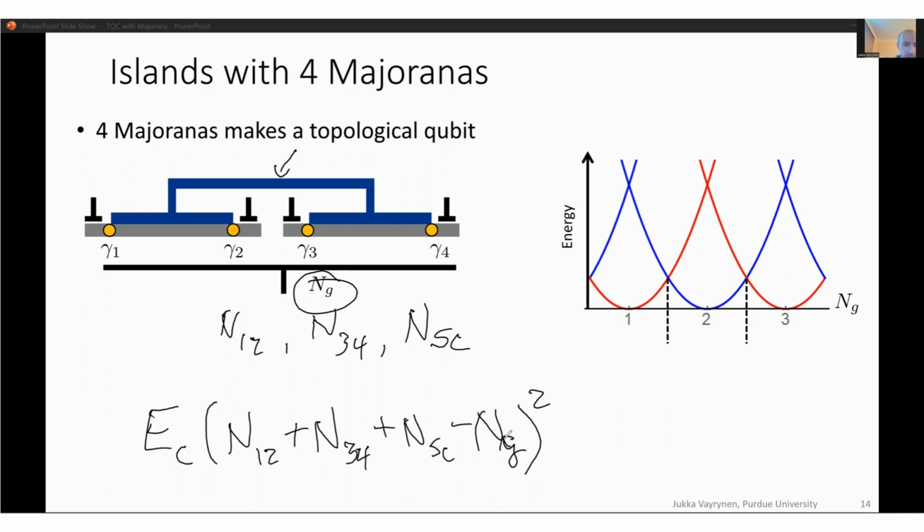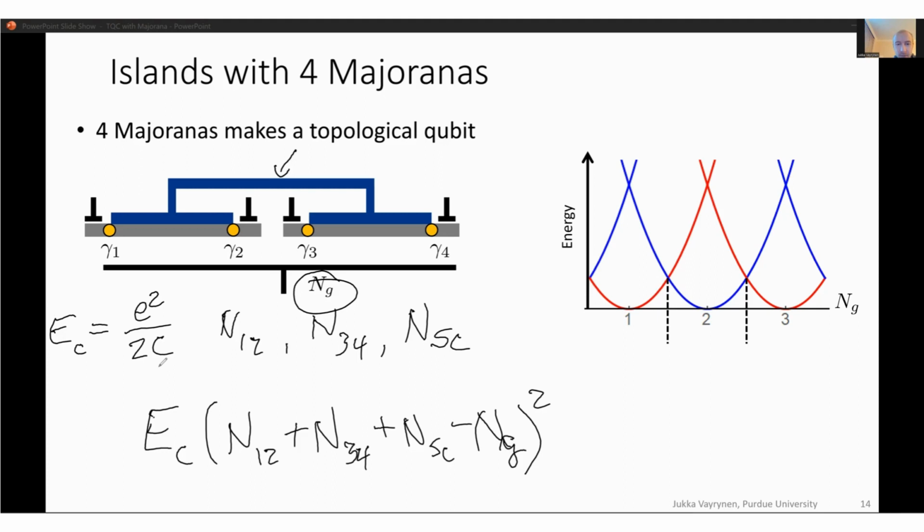By the way, I maybe forgot to mention this EC is E squared over 2C, and it's usually called the charging energy. It's like the Coulomb energy of a single electron with this capacitance C.